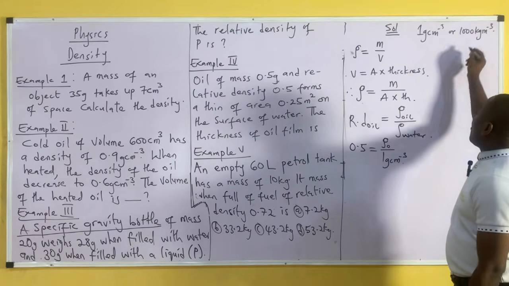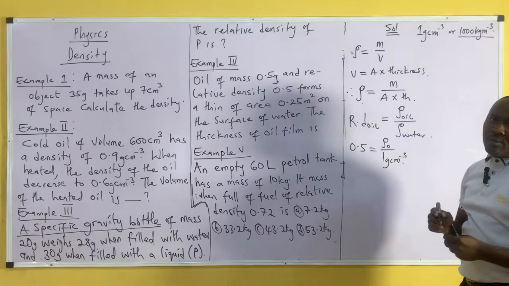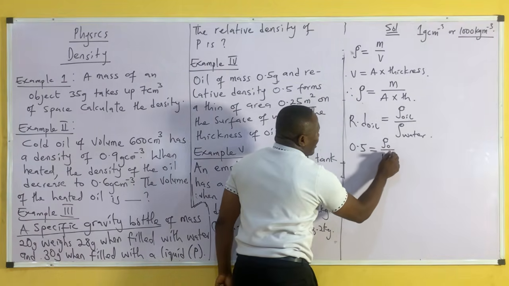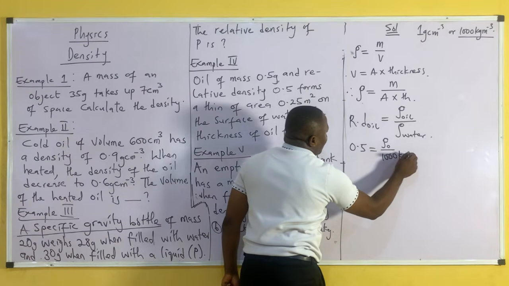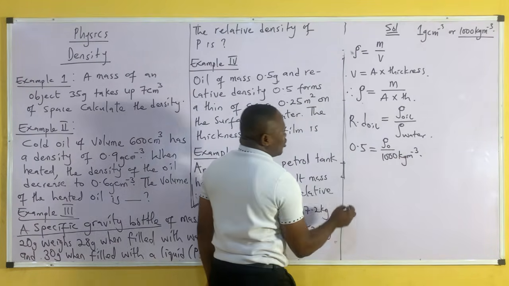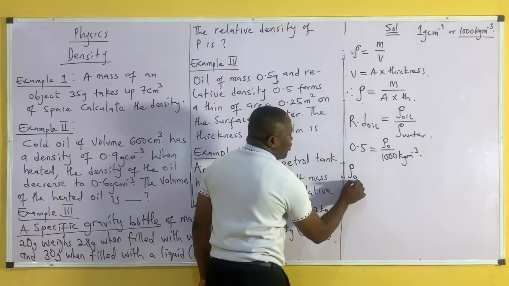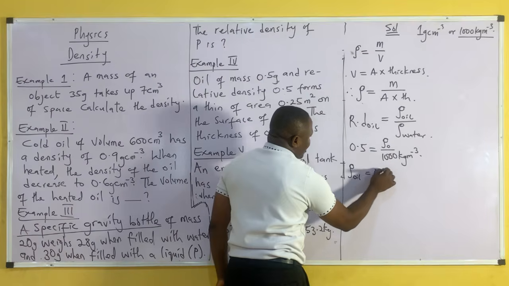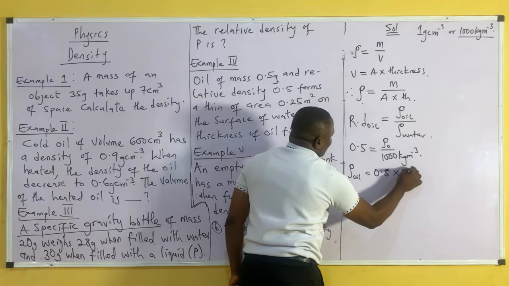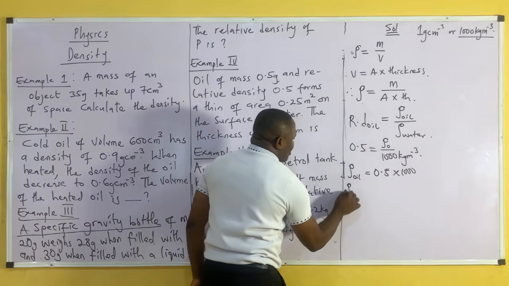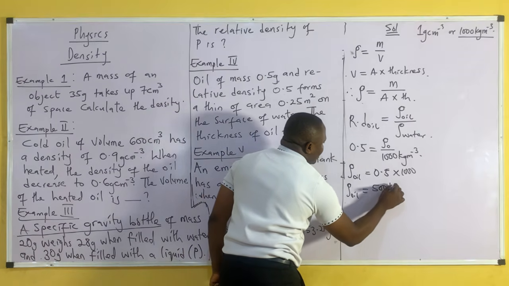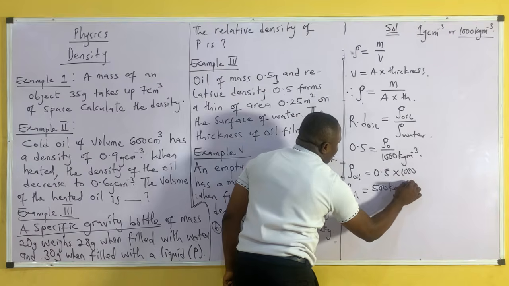I will use 1,000 kilogram per meter cube. So on solving, the density of oil will be equal to 0.5 times 1,000. So the density of oil is 500 kilogram per meter cube.